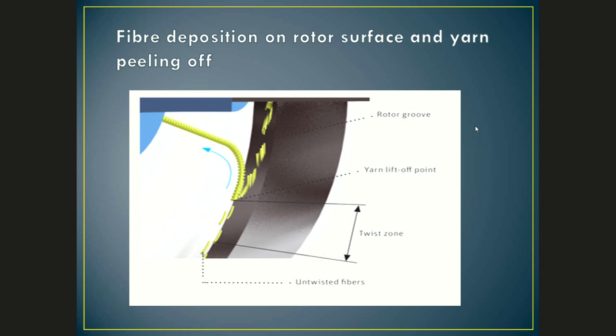If some development in the technology has to be carried out, we have to see how I can reduce the chances of fiber coming under category 2. Because the best category is category 3, where the full length of the fiber is embedded on the rotor surface. So that is the best ideal situation.